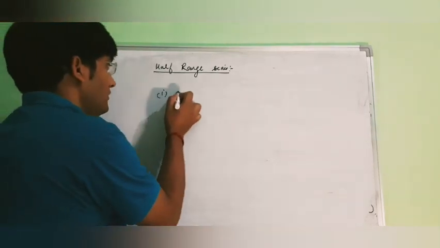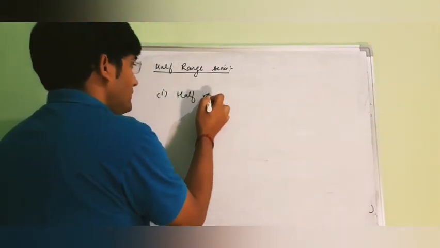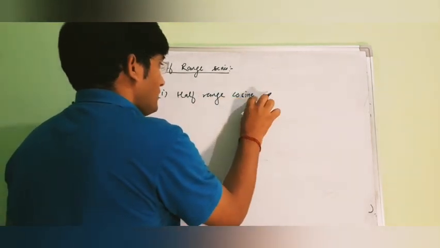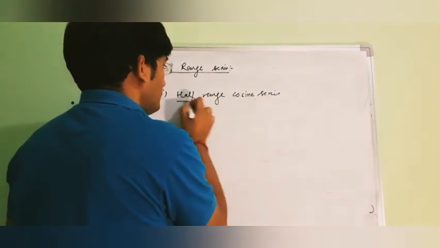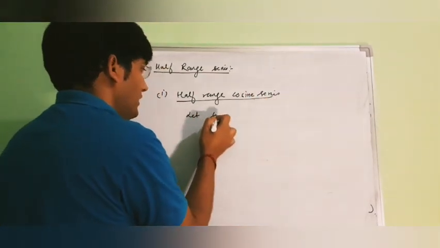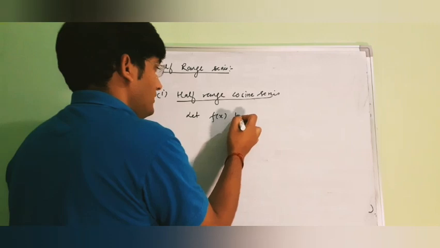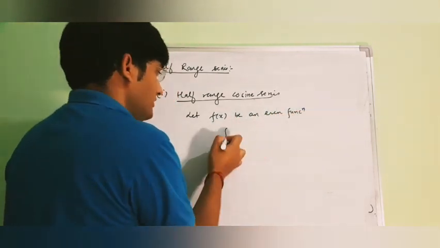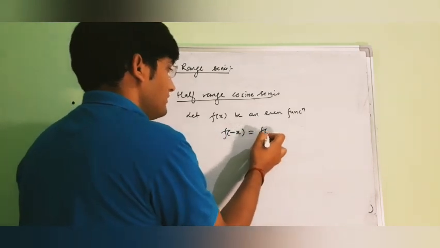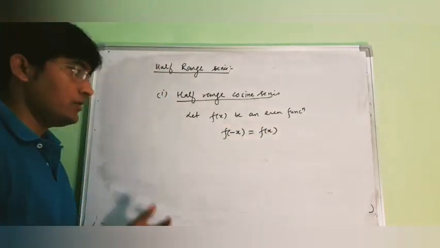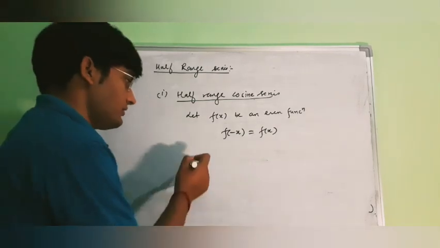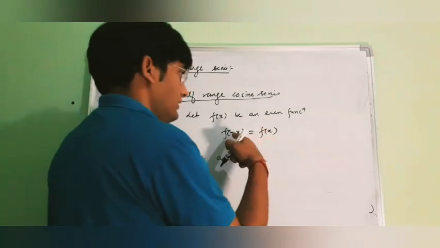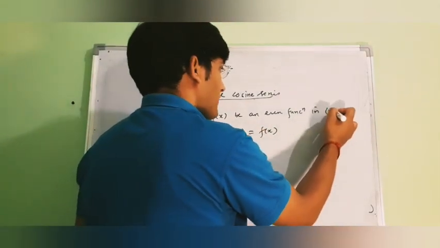So first of all, let us define half range cosine series. Let f(x) be an even function. Even function means f of minus x is the same as f(x). Let f(x) be an even function in the interval minus pi comma pi.